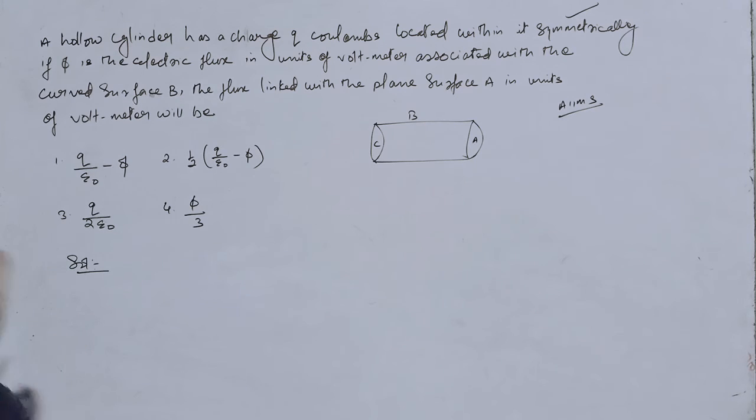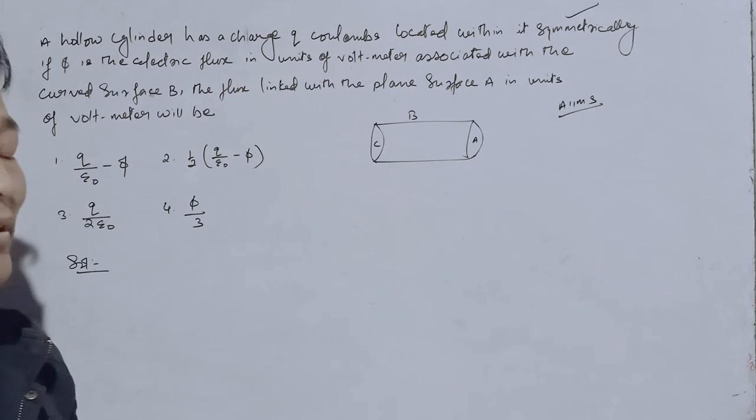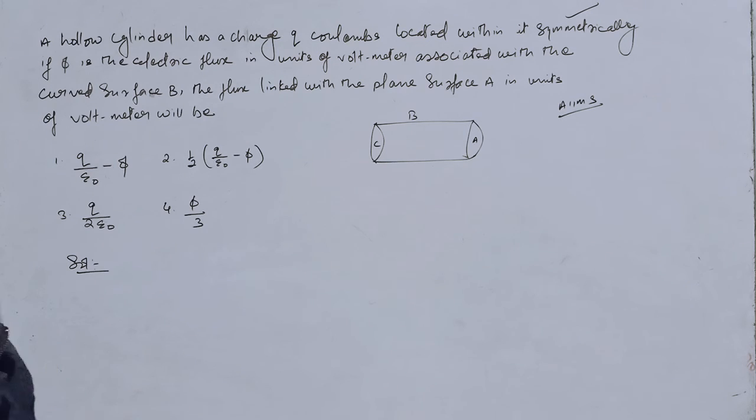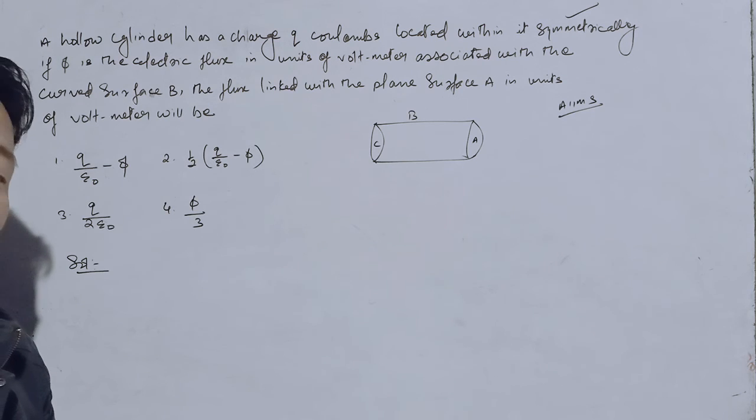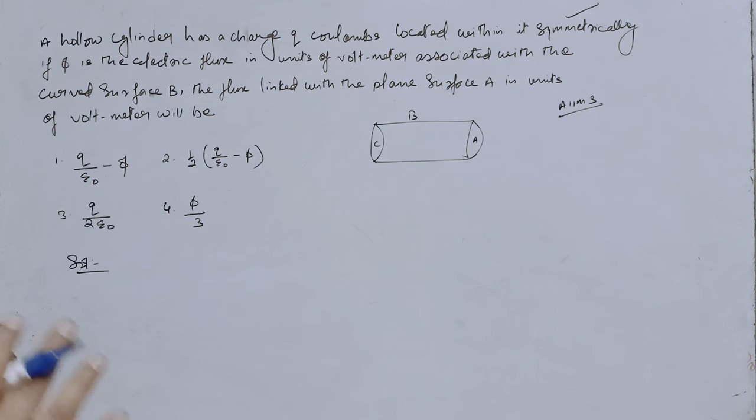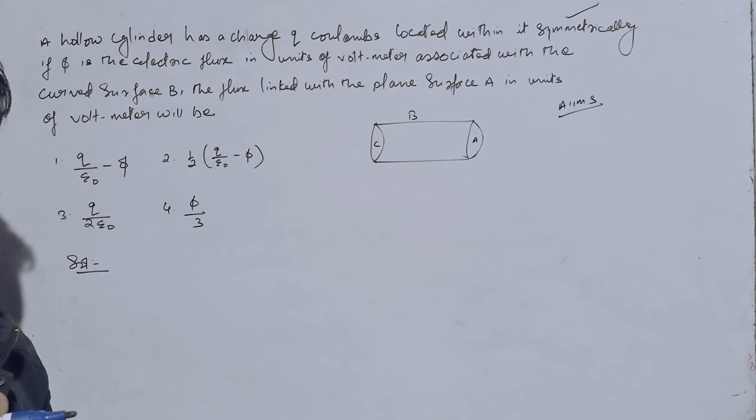Now we have to find the total flux, so let's take the help of Gauss law. Gauss law says the total flux is equal to 1 by epsilon naught times the charge.